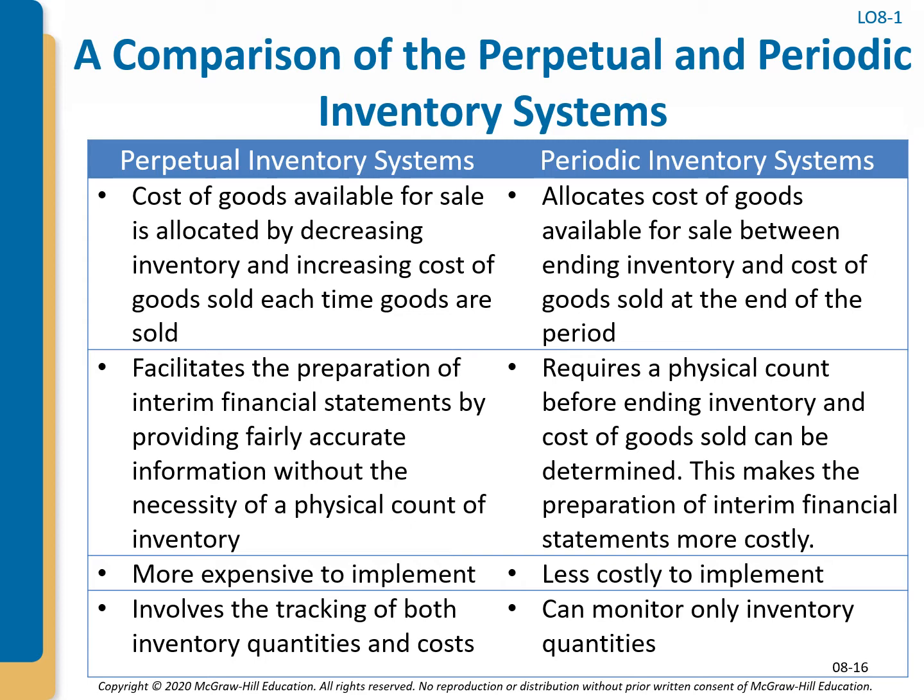The periodic system is less costly to implement for the same reason. And then finally, the perpetual inventory system involves the tracking of both inventory quantities and costs, whereas with the periodic inventory system, you can only monitor inventory quantities. You are not recording anything for costs until the end of the period.